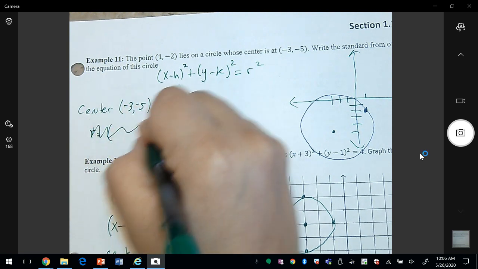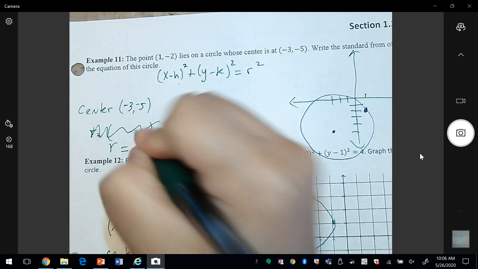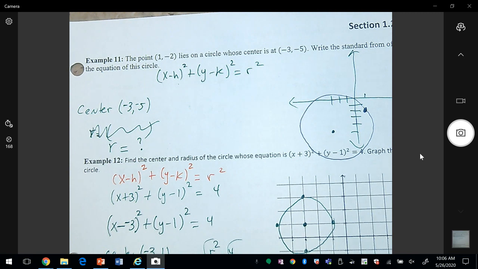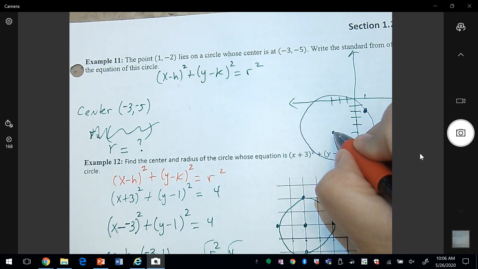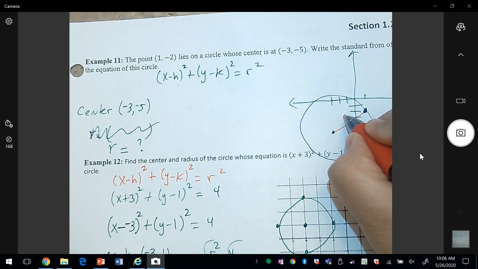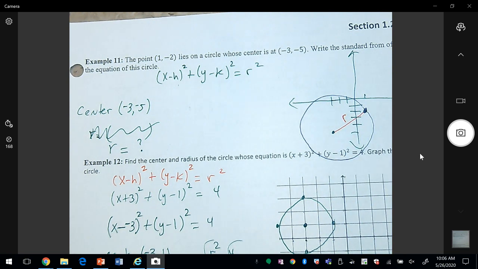Let me just rewrite this as r is equal to something. So in reality, what we're missing here is what r is. We want to know what is r. From chapter 1, we've looked at the midpoint and the distance. So you want to figure out, do I need to use the distance or do I need to use the midpoint?